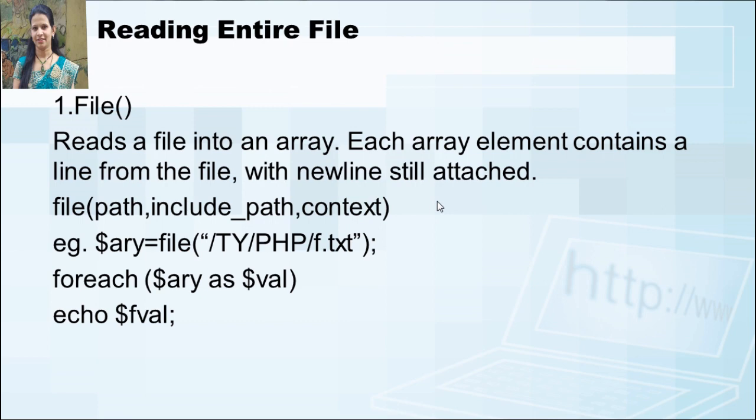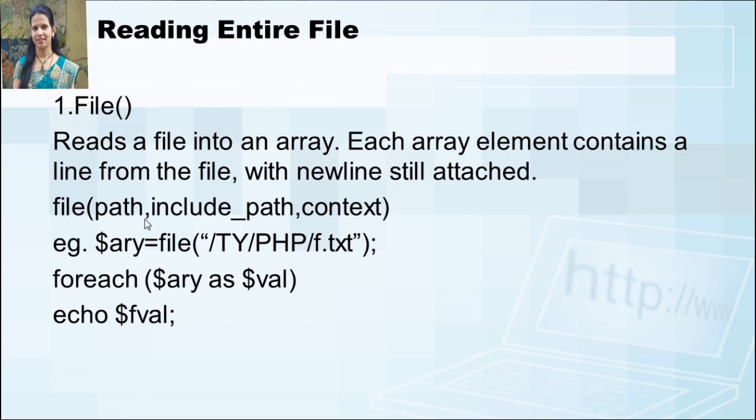So it will read the first line as one element inside your array. Here we are reading the entire file, so read one line and store it as one element inside the array. Each array element contains a line from the file with the newline still attached.